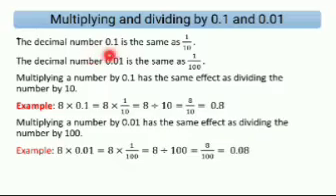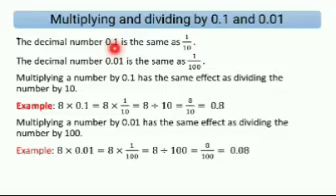Now, the decimal number 0.1 is the same as 1 over 10. That is to say, anywhere you see 0.1 it is the same thing as 1 over 10. So the rule is, if you write a division line, when you see the decimal point, write 1 there. Then the digits after the decimal point, turn them to 0.